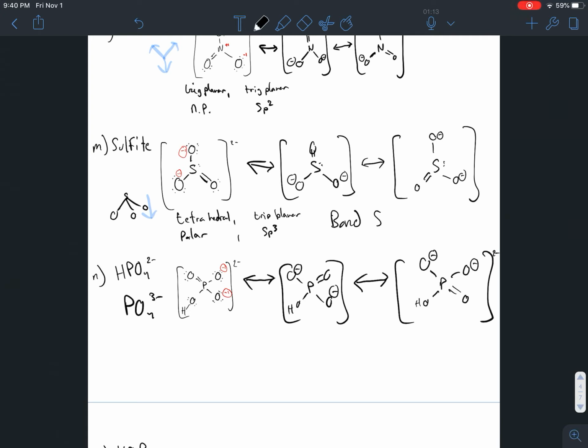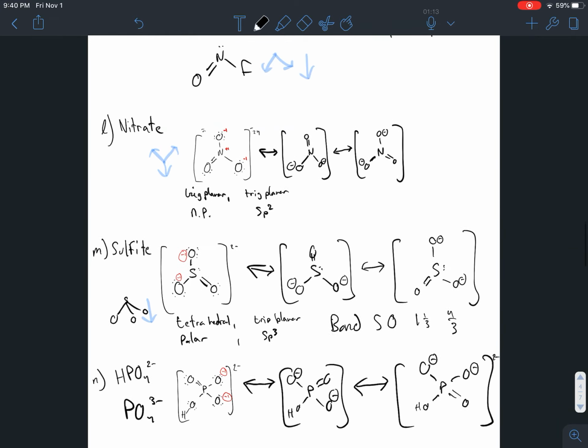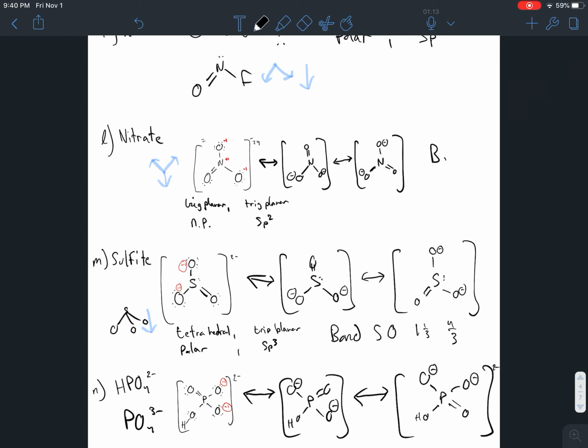The bond order between the S and O is 1 and 1/3, which I like to call 4/3. The bond order on nitrate is 1 and 1/3. Oh well, that's not that exciting actually.